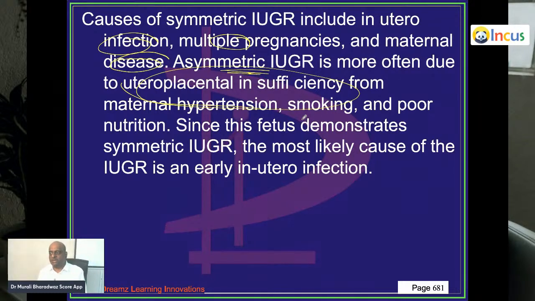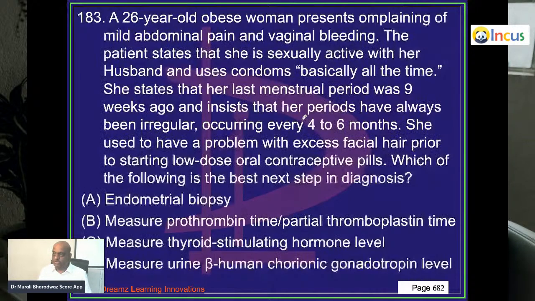So will you remember this? Cause of symmetrical, asymmetrical IUGR. Asymmetrical IUGR is maternal hypertension, smoking, poor nutrition. Symmetrical is infection, multiple pregnancies, maternal disease. Definitely will come in tomorrow's exam.